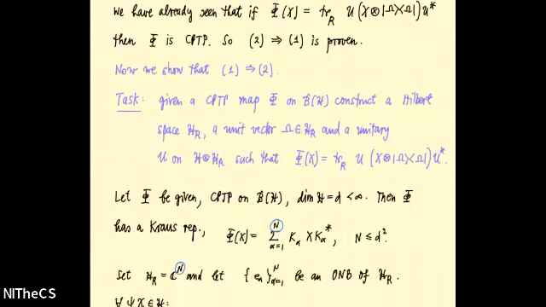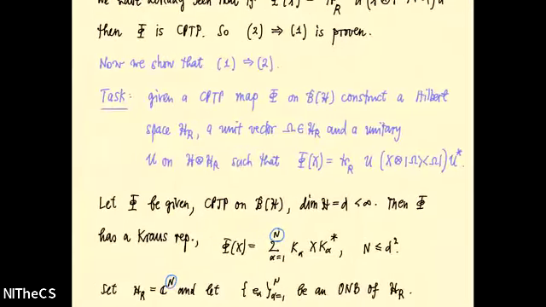And so the task would be, given a CP-TP map phi, you should construct a Hilbert space and a unit vector and a unitary on this whole complex of system plus reservoir that would implement your map phi in this way. Here's the recipe.